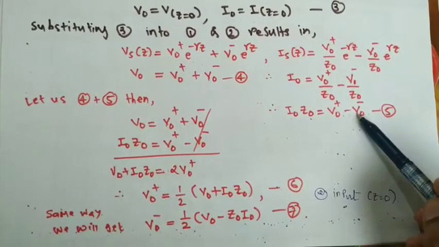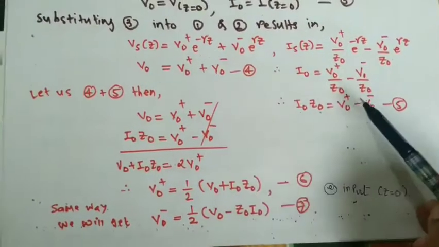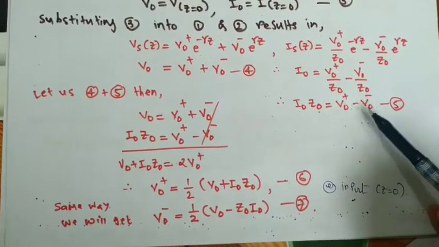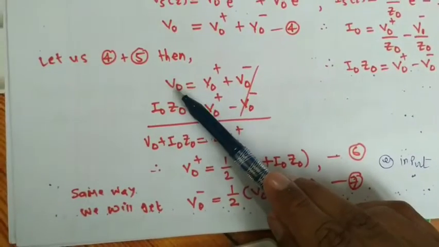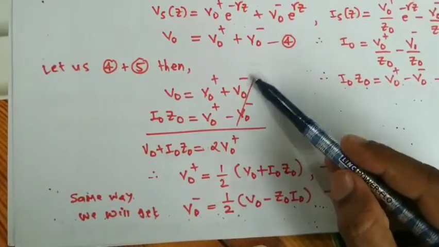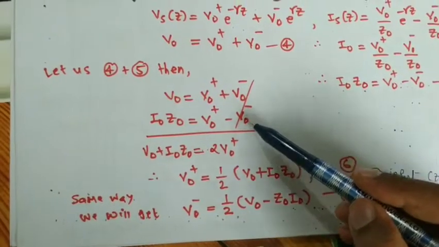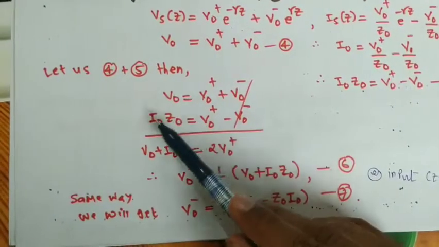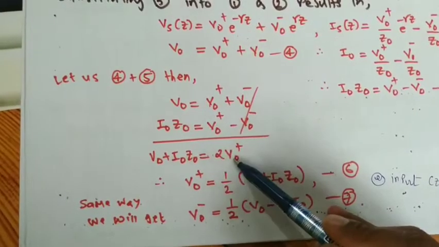It is very clear that if you sum up these two equations 4 and 5, then V0 plus and V0 minus will cancel out, and ultimately we will get V0 plus I0 Z0 equal to 2 times V0 plus.